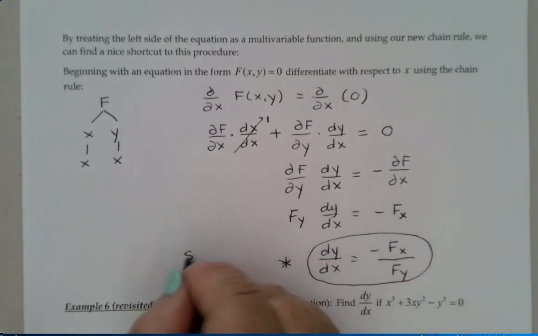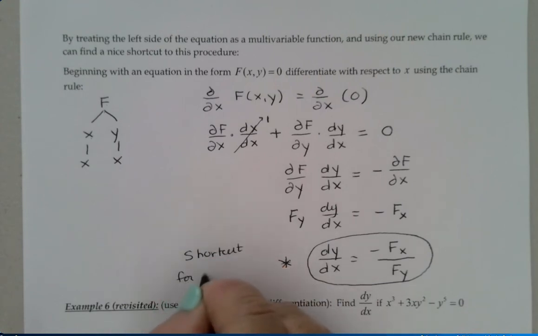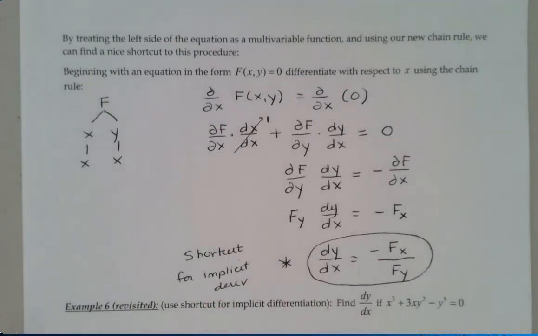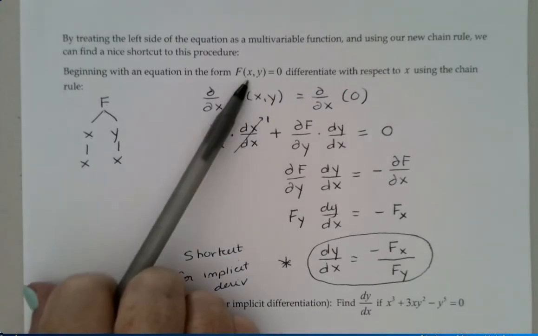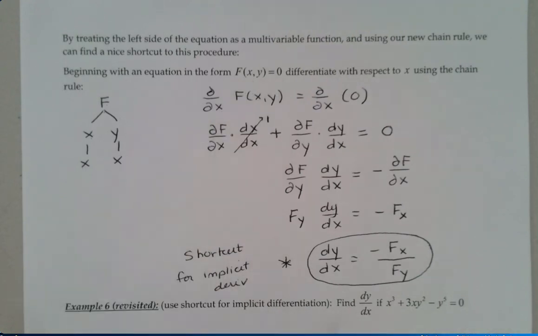That is basically a shortcut for implicit derivatives. Keep in mind one more time, I know I'm harping on this, but it is important. This formula works as long as you started out with some multivariable function equal to a constant.